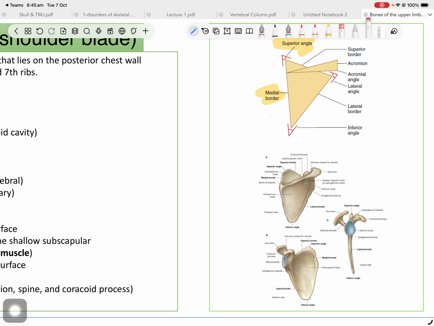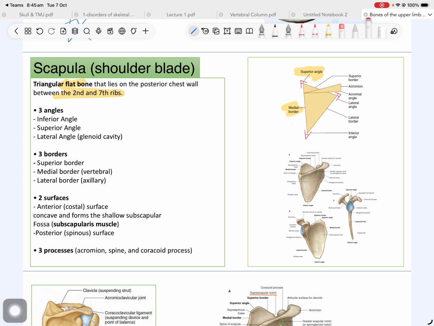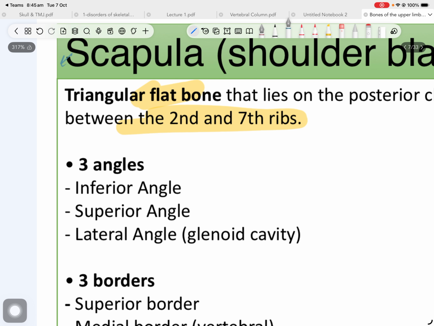Where do we find the scapula in the anatomical position? It is located between the 2nd and the 7th ribs, okay? So this inferior angle will be at the level of the 7th rib, and this angle, it is palpable also. So I can feel it on the patient. When I feel this area, I know I am at the level of the 7th rib, okay?